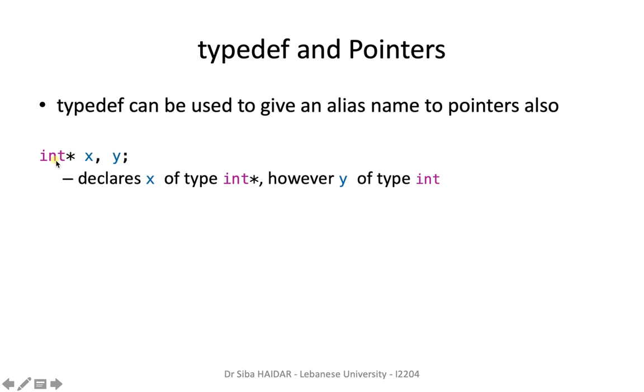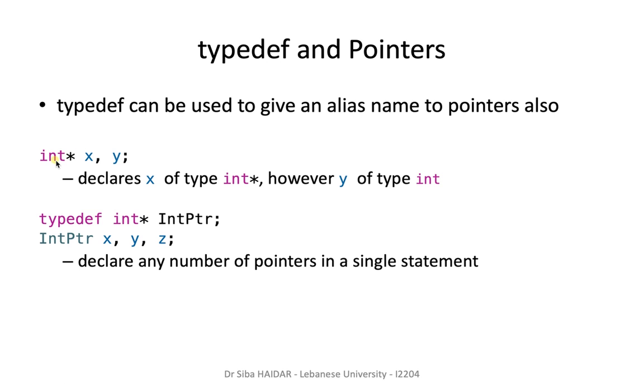If you don't want to make such mistakes, you can use typedef in order to define a type int pointer to be int star. And from now on, if you write int pointer, for example, x comma y comma z, it means all x, y, and z are of type int star.